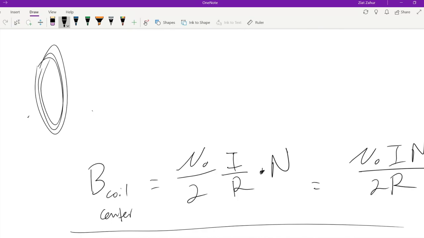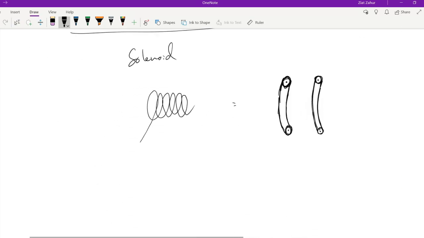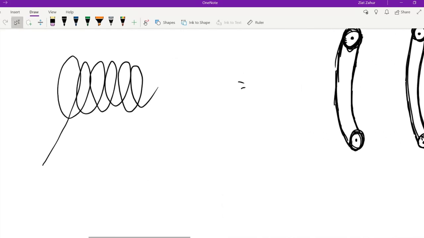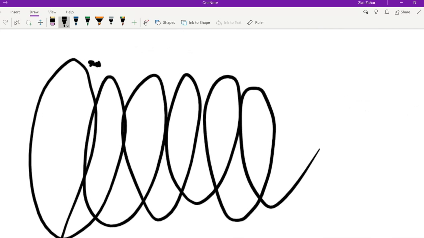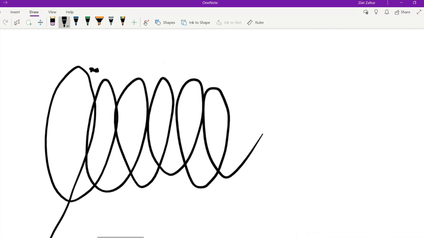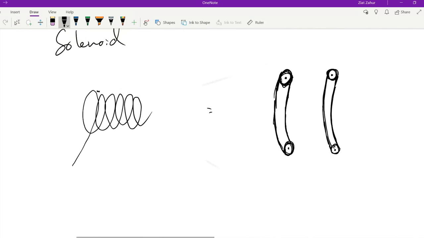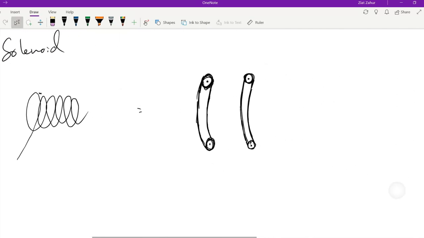But when you use wires, we have to use some sort of insulation, and that insulation spaces out our wires, so it's almost impossible. So we have a solenoid like this. The solenoid will have a little bit of gap, and that gap is going to be based on how much insulation or how thick your wire is, essentially. So you're going to have some sort of gap like that.